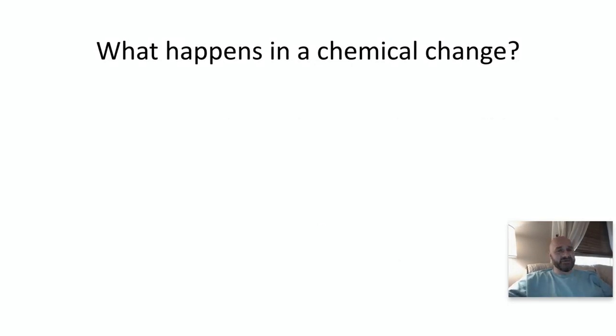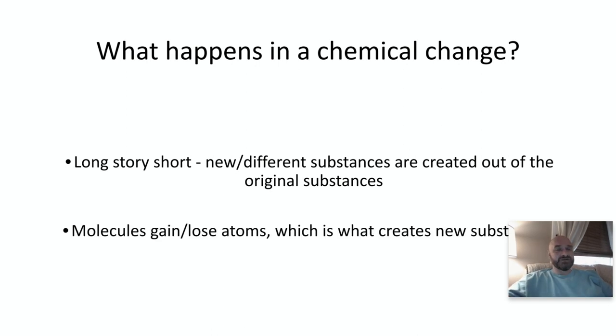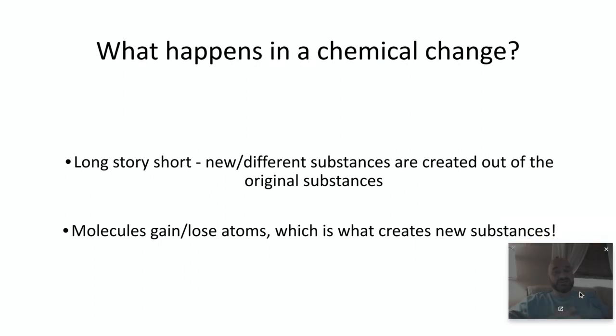What happens in a chemical change? Well, long story short, the exact opposite. You get a brand new substance that wasn't there before, that is created out of the atoms in the original substance. Now, in order to do that, molecules in the original substance have to be moved around.